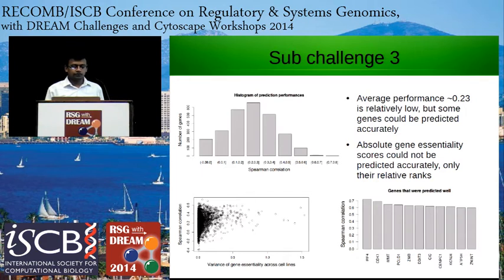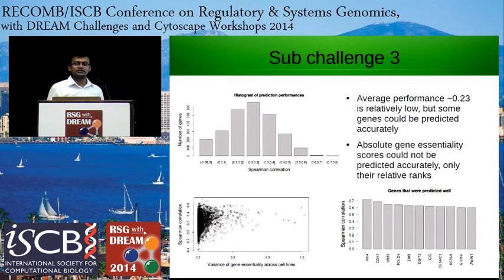Then we tried to look a little bit deeper into what our predictions are. It's actually nice to see Mehmet has already presented most of this. The average performance in this sub-challenge is like 0.23, which is, I think, relatively low.